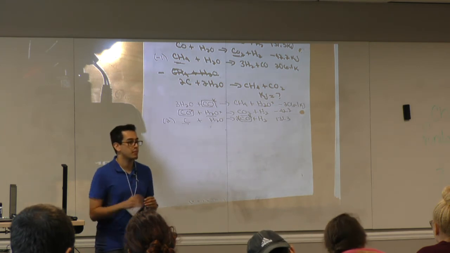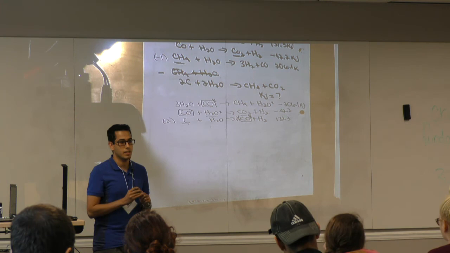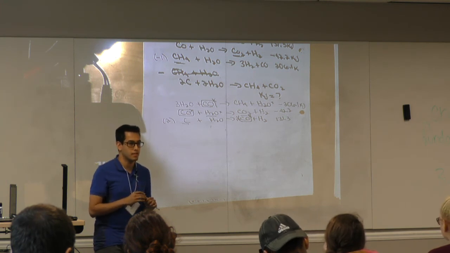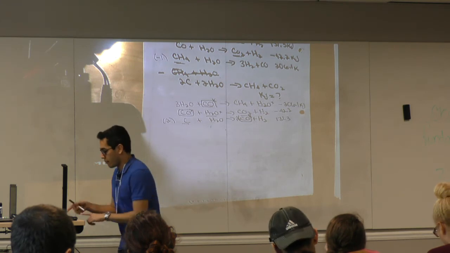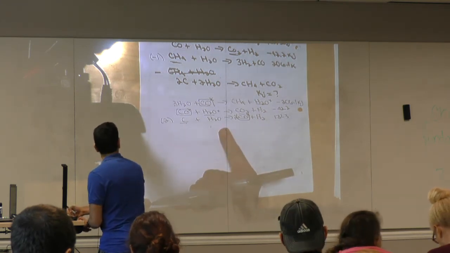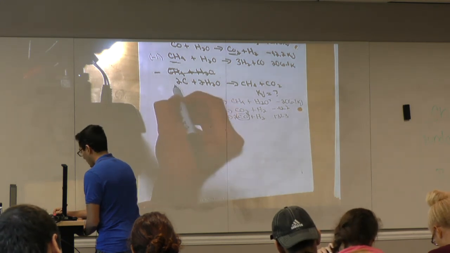Does that make sense? It's like a puzzle; we're trying to get all the pieces to align. Also, when we multiply this one by 2, we also get 2C, which is what we need here.